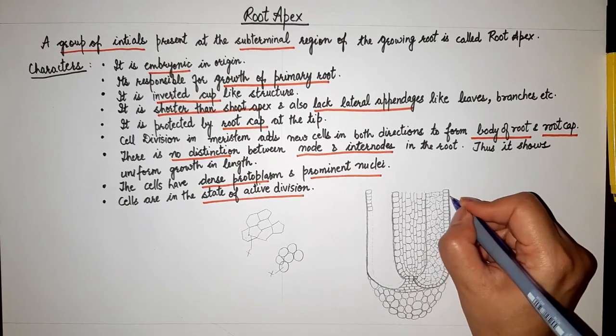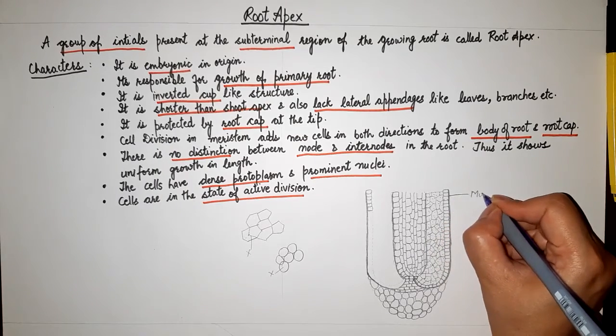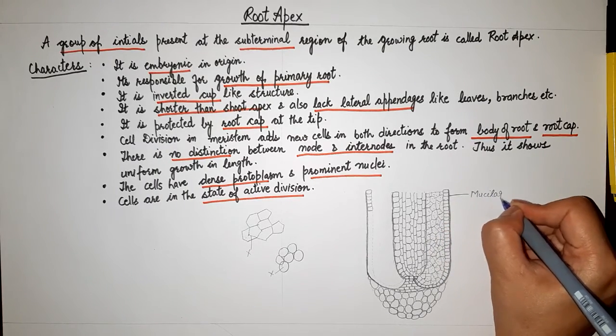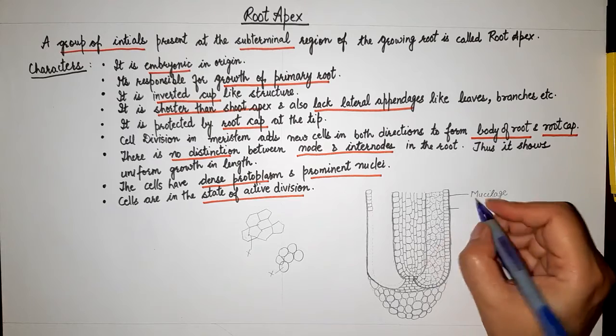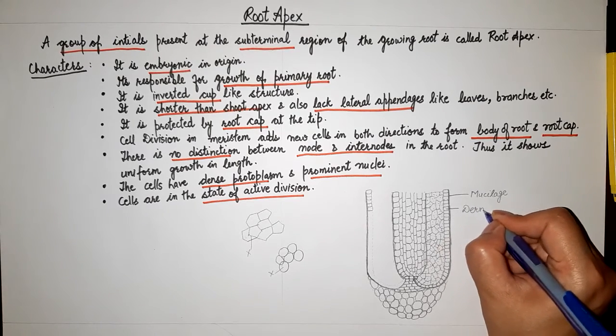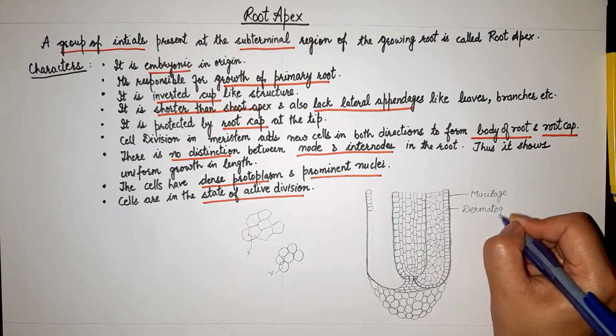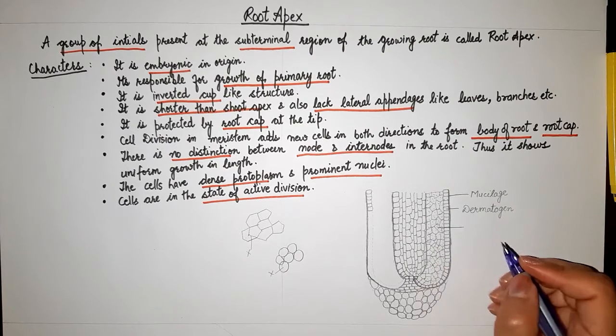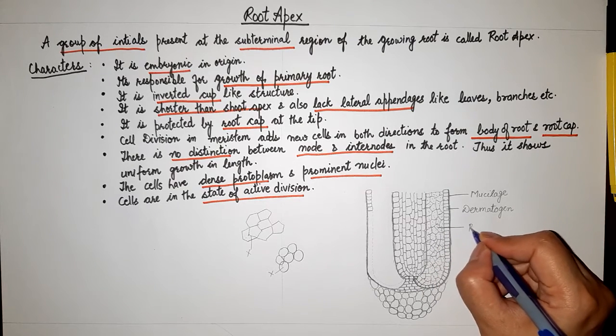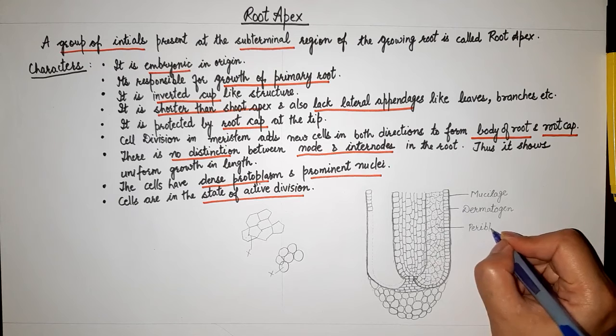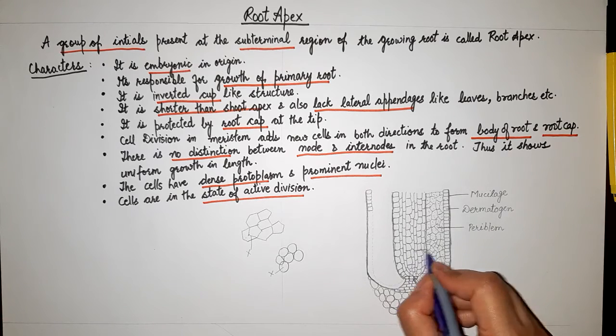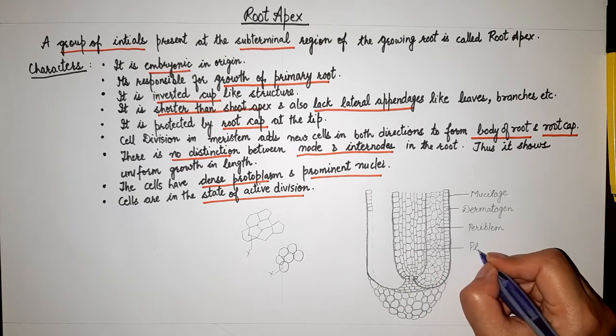Now coming to the labeling part, this outermost layer is mucilage. Then we have dermatogen. Next layer is peribulum. Central one is plerome.